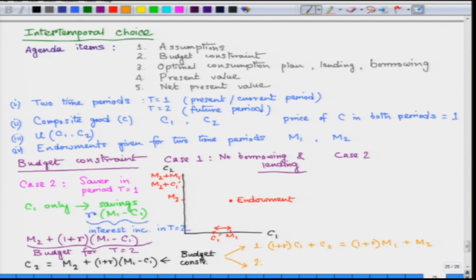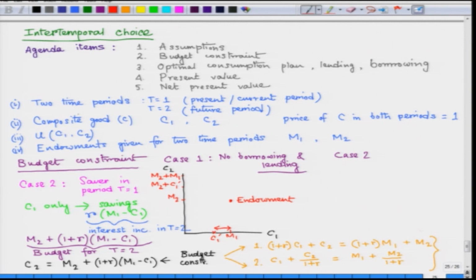Now, a second form of rearrangement can be done, and that would give us C1 plus C2 divided by (1 plus R) equals M1 plus M2 divided by (1 plus R). Note that both of these rearrangements are surprisingly similar to the expression that we have seen before.